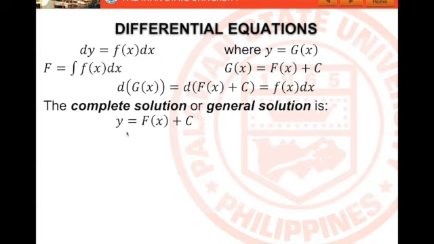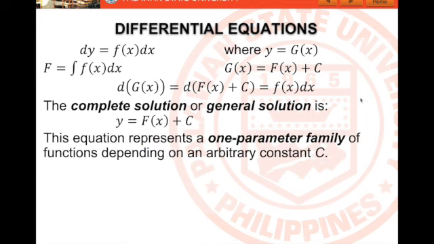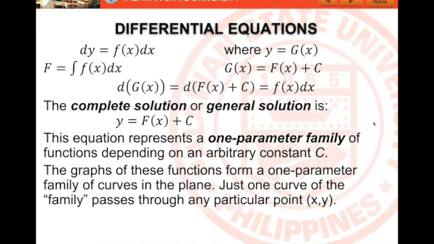So I think this equation would be familiar to every one of us. This equation represents a one parameter family of functions depending on the arbitrary constant c. The graphs of these functions, which we will be seeing in the next illustration, form a one parameter family of curves in the plane.